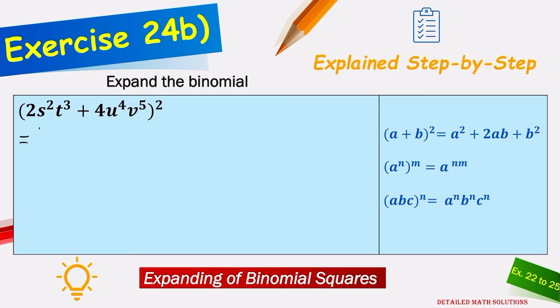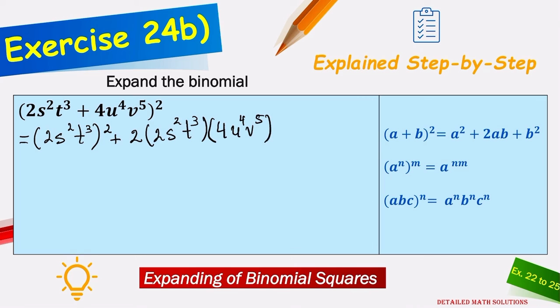This equals (2s^2 t^3) squared plus 2 times 2s^2 t^3 multiplied by 4u^4 v^5, plus (4u^4 v^5) squared.